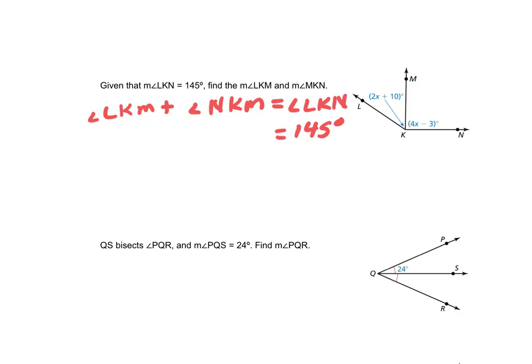So we're going to go ahead and put that in. Okay, I don't know the actual measure of these two, but I have an expression that represents it. Okay, so here's where your algebra skills are going to come into play. LKM is this angle right here. Okay, it's pointing down here to this angle. So that would be 2x plus 10. So we're going to put 2x plus 10 in place of LKM.